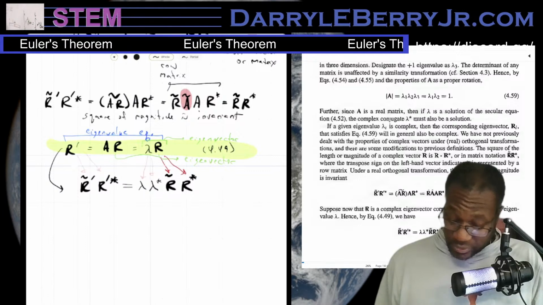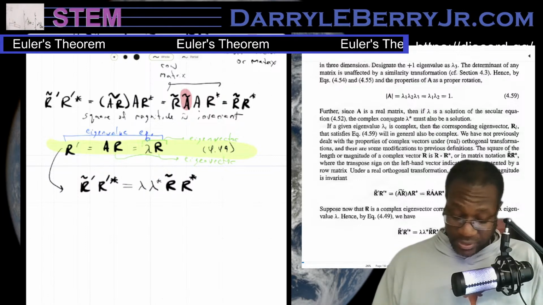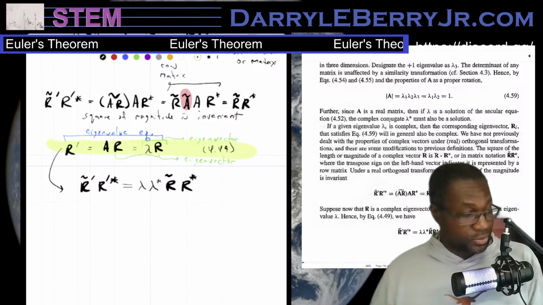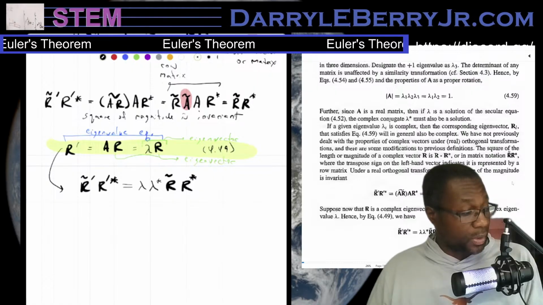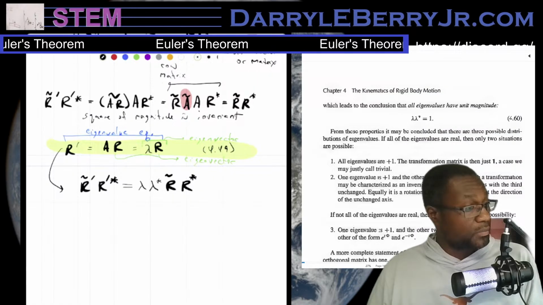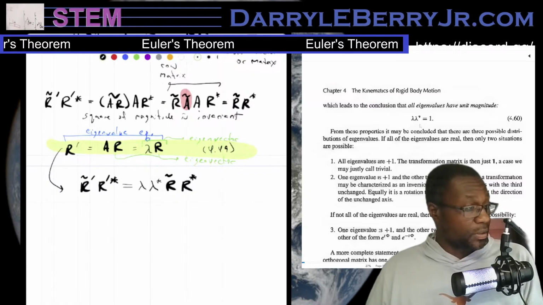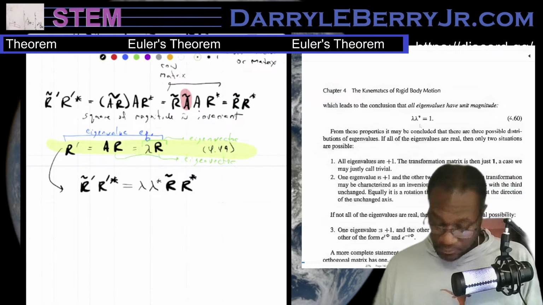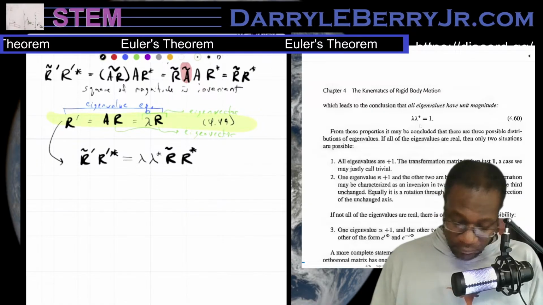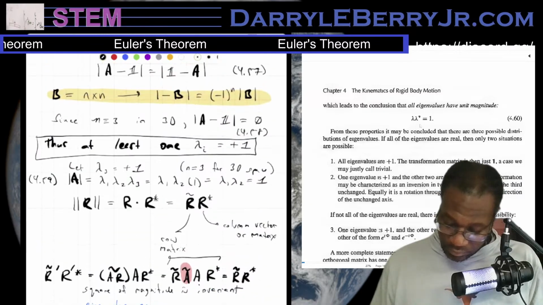It is easier to do this stuff with an actual example, but I am starting to appreciate going through the process first without numbers, which leads to the conclusion that all eigenvalues have unit magnitude. I'm not sure.